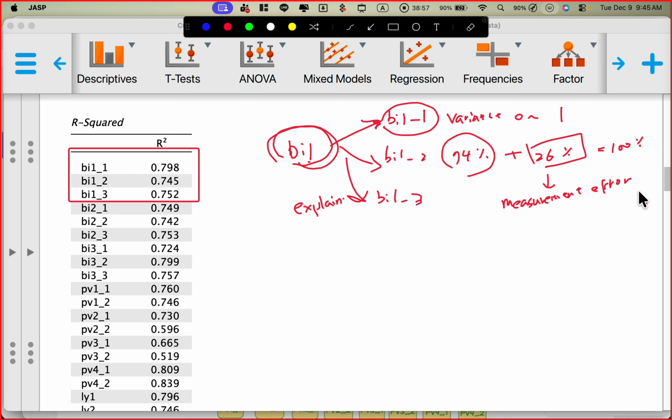Around 79% is quite high. In social research, we cannot see that high of an R square. Usually in our research, maybe only 20 to 50% of R square for a regression model.